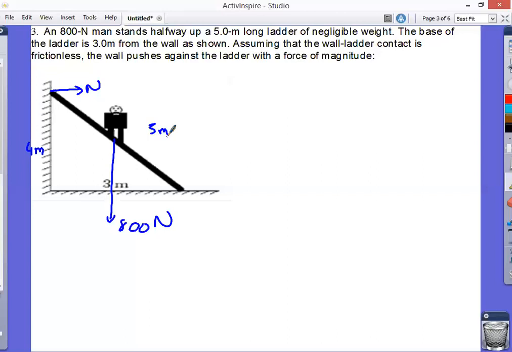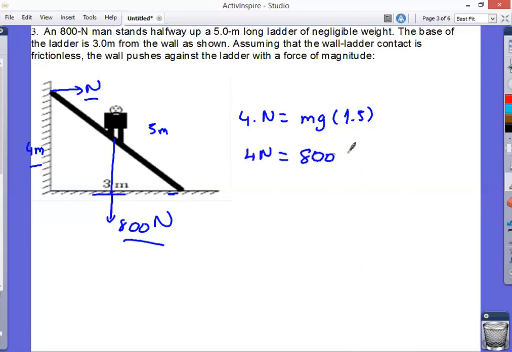So what's going to happen now? This part times this is going to be equal to this part times half of this part, half of the ground part. So it's going to be like this. 4 times n will be equal to mg times 1.5, half of the distance of the ground. So 4n equals mg, which is 800, times 1.5.